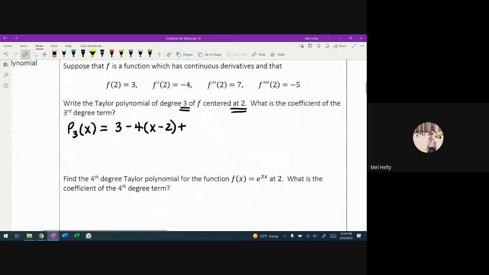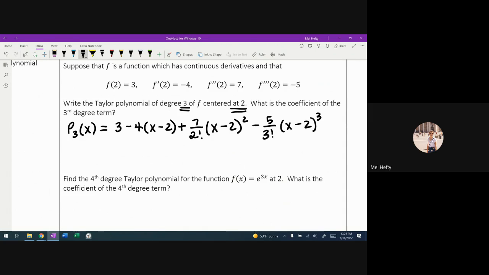So once I get here, I'm going to do 7 over 2 factorial, x minus 2 squared. Notice, second derivative, 2 factorial, squared. All right, the next one, 5 over 3 factorial, x minus 2 cubed.